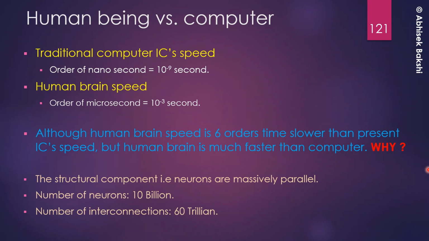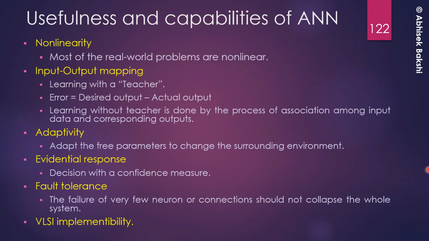So before understanding what an artificial neural network is, let's go through some usefulness of the artificial neural network. As you can see here, there are a lot of points we can raise. We start with non-linearity. What does it mean? You see, we have already gone through several machine learning use cases, and this term linear and non-linear is very well known to you now.